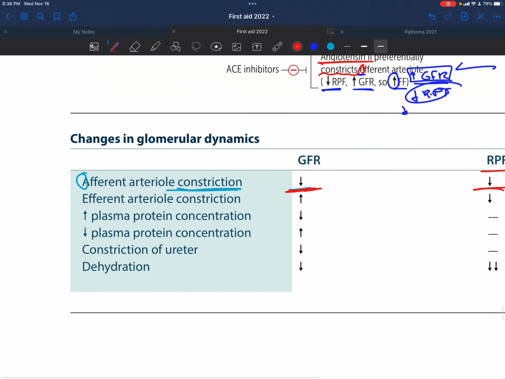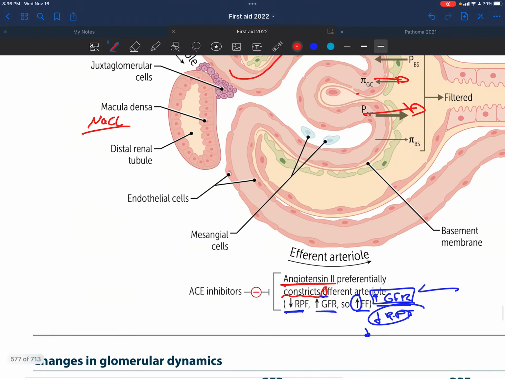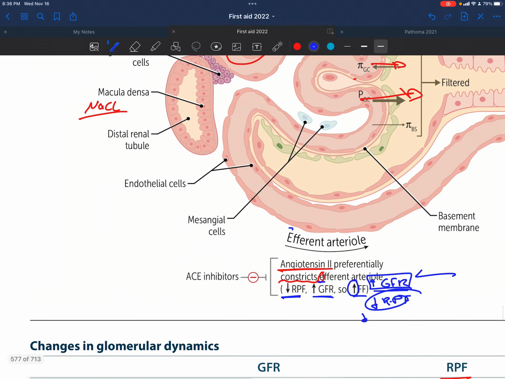If we suppose that the efferent arteriole this time gets constricted, so this is the efferent arteriole, and this is its normal size, but then let's suppose it gets constricted, so now it becomes smaller in size, which means blood has a harder time going outside of the glomerulus.